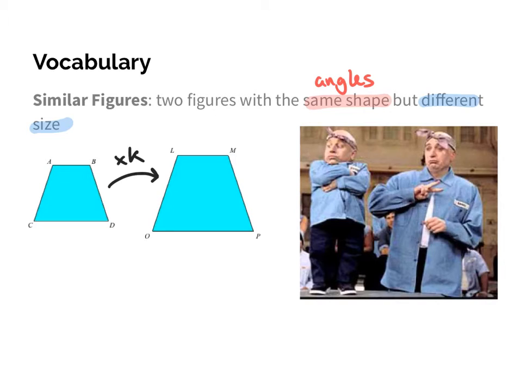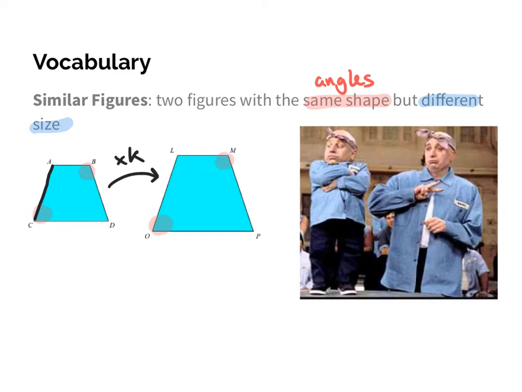What I mean by that is, for example, let's say that I have angle C, which is the bottom left-hand corner of that shape. That would correspond to angle O, which is right here. And what you guys discover is that those two angles are going to be equal. I can look at any of these, like for example, B and M, and those two angles are going to be equal. What it means for two things to have the same shape is that they have the same angles. But different size means the length of the sides.